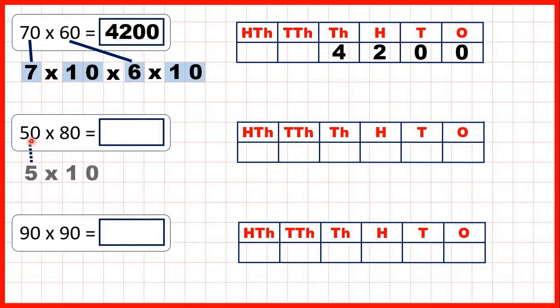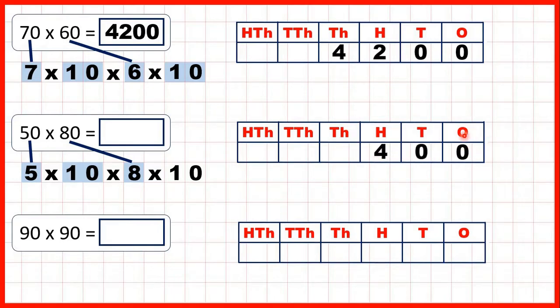Then we had 50, which is 5 times 10, and we were multiplying by 80, which is 8 times 10. Again, we can multiply in any order. So if we start with 5 times 8, we get 40. Then we can multiply by 10, so move the digits 1 square to the left with a 0 in our empty ones column. But then we need to multiply by this 10 here as well.